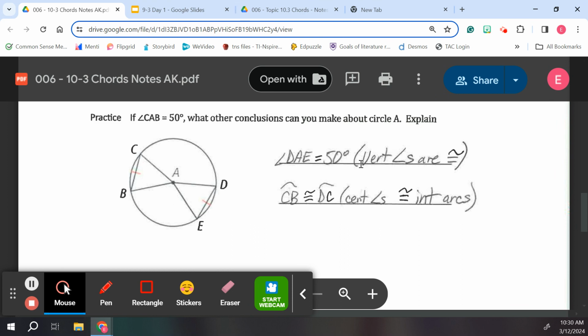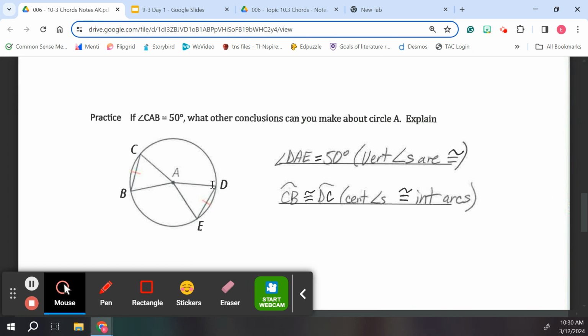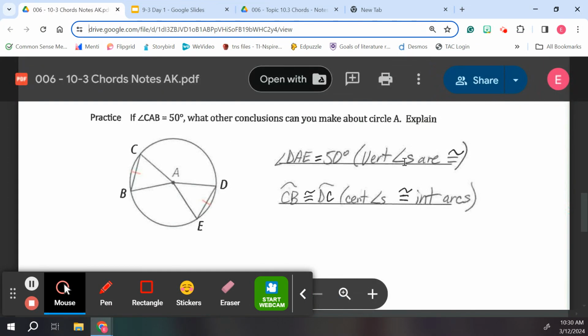These are not vertical angles, so don't add this part. But DAE would be 50 degrees because CAB is 50, and that's because the arcs and the chords are congruent. These are not vertical angles, so do not add that part, okay?